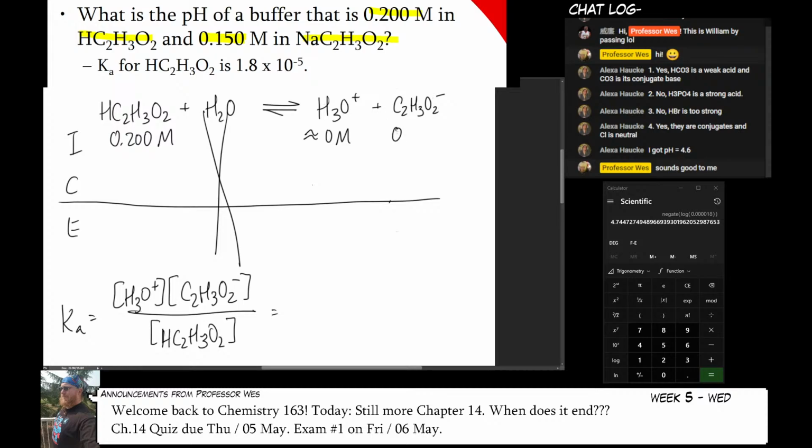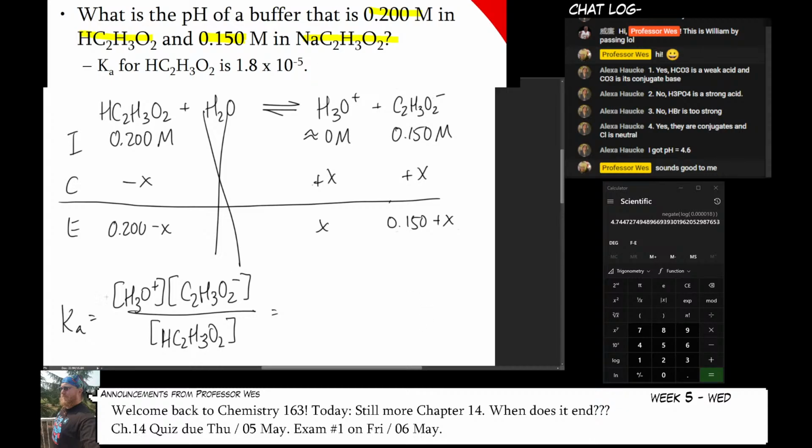But for our base, we actually have stuff in there too. And then same deal as before. Let me try that again. We get that. So those are our concentrations at equilibrium.